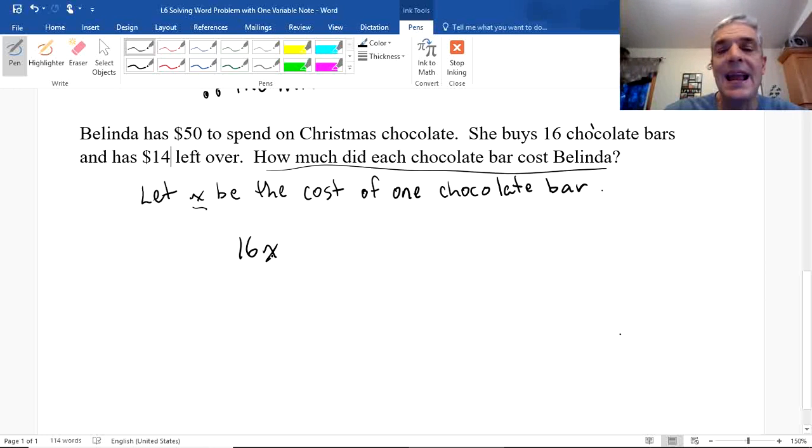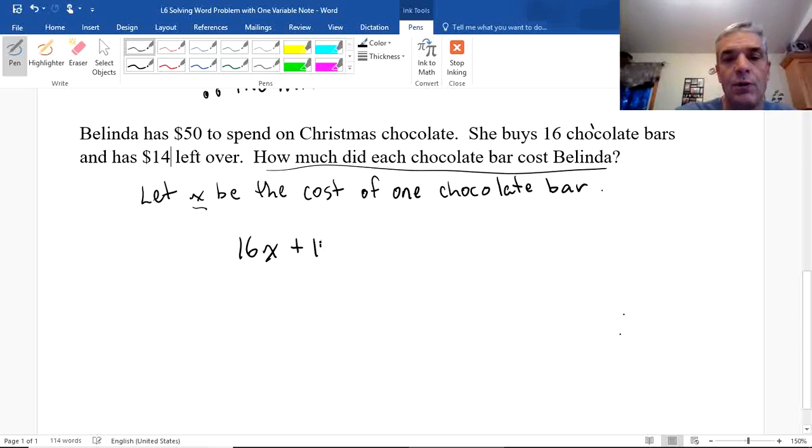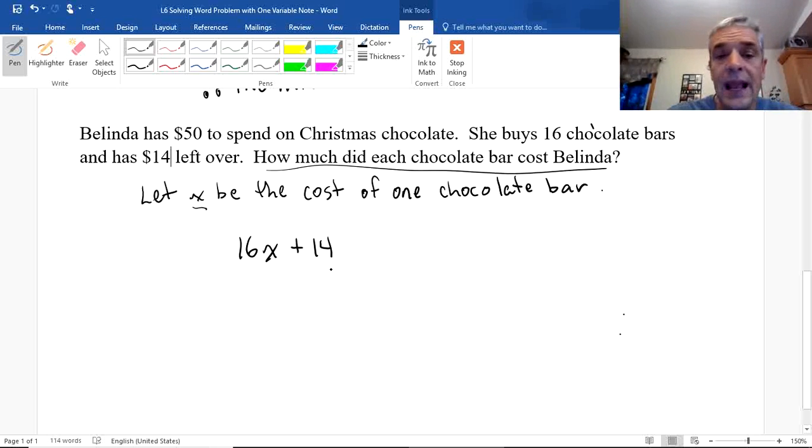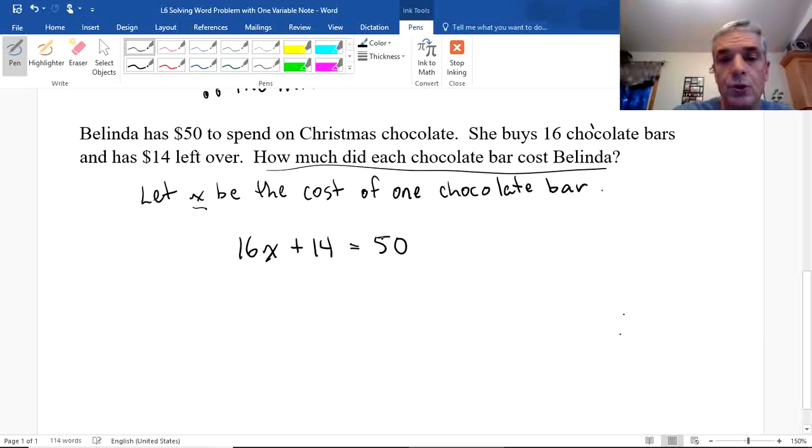And at the end, she still had $14 left over, so we say plus 14. And that is going to equal $50, which is what she had to start with.